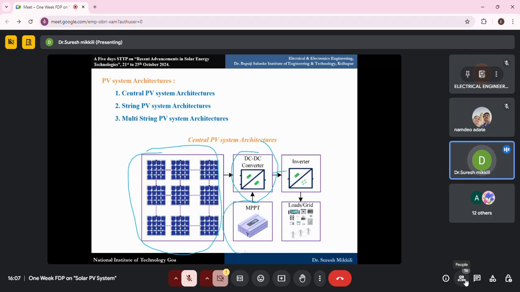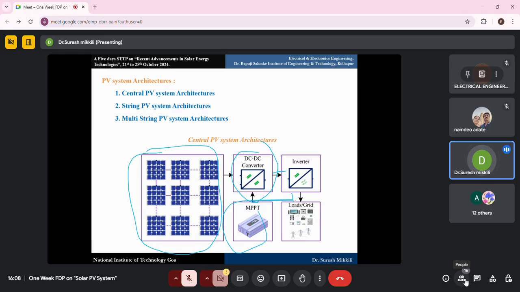Here the MPPT technique is used, and it will be connected to loads. So central PV system architecture means that the entire solar park will have only one DC-DC converter, only one inverter, and MPPT, and it is connected to the load.